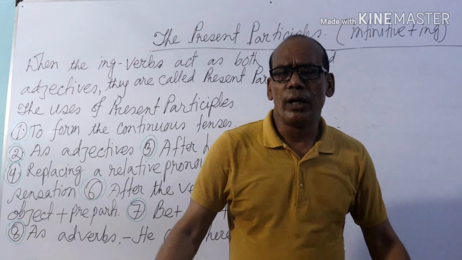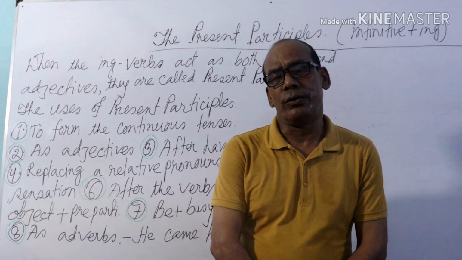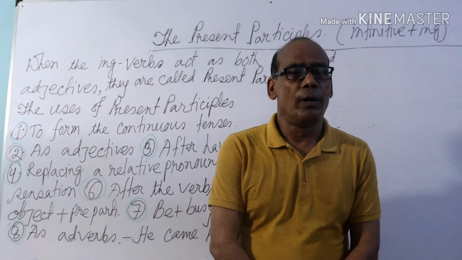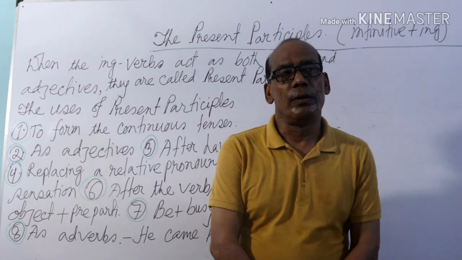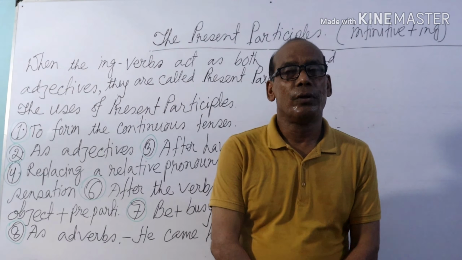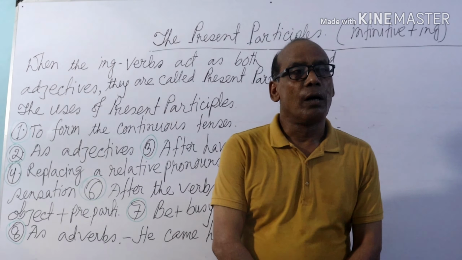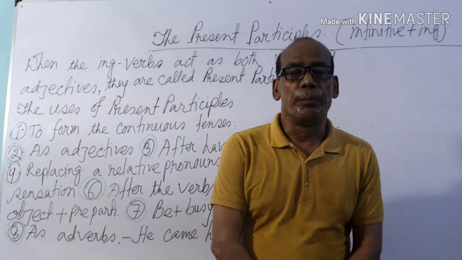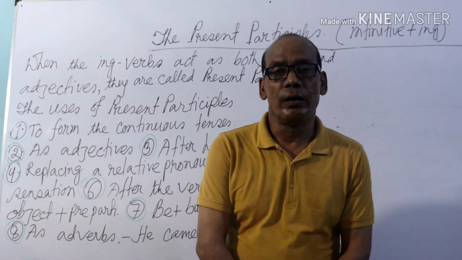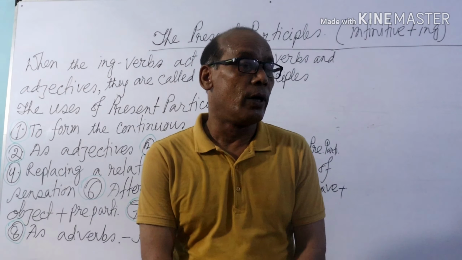So in this way we can use past participle as adjective, and also that may be used after the nouns, or past participle phrases. Suppose the machine made in Japan is working well or running well.